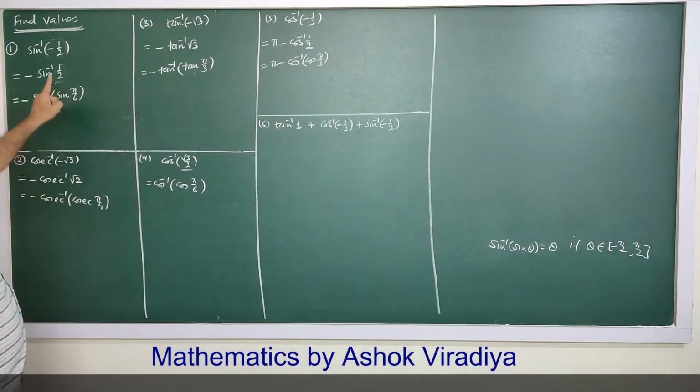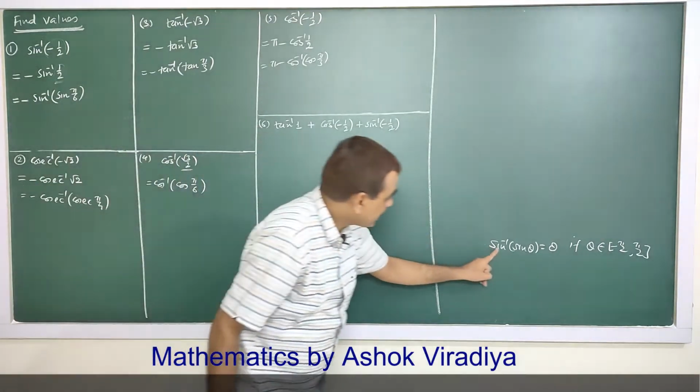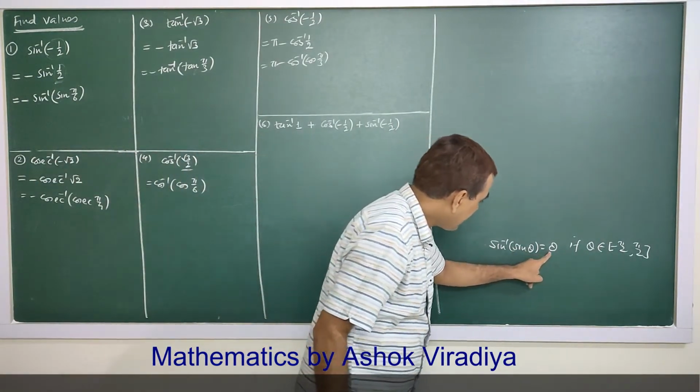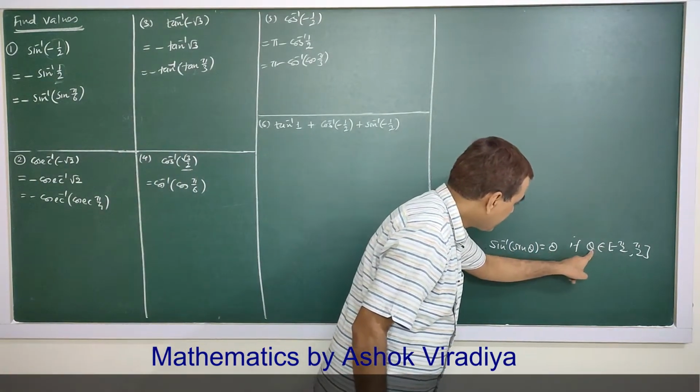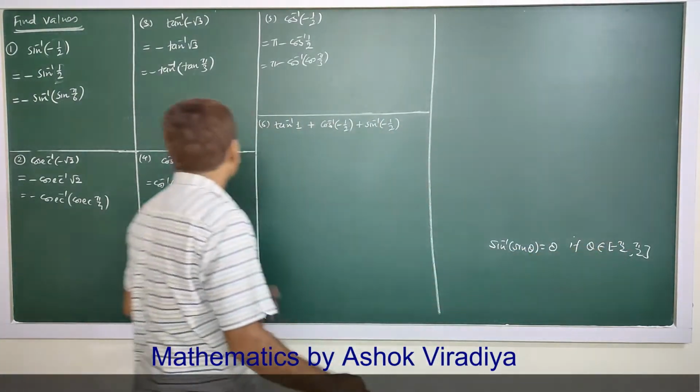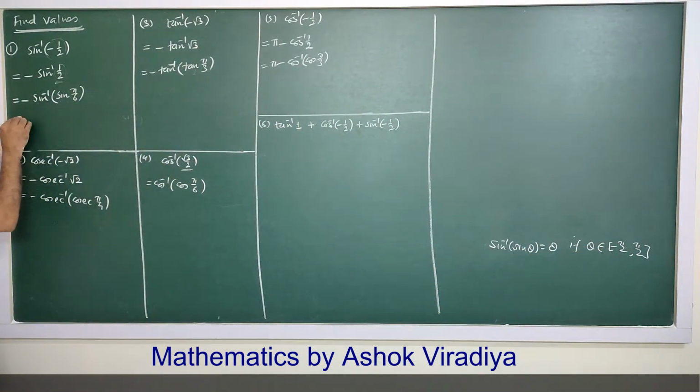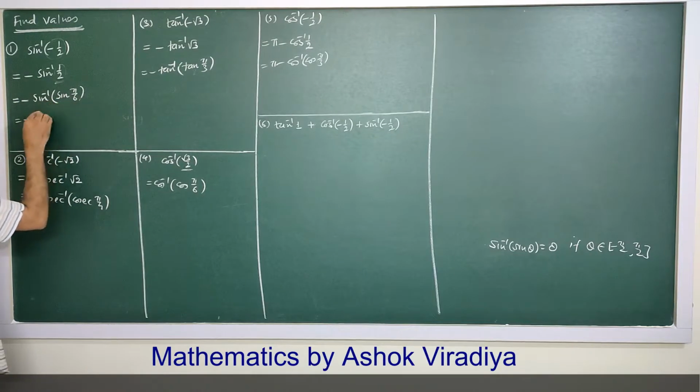And here it is pi by 6. So sine inverse sine pi by 6 is pi by 6, because pi by 6 belongs to this interval. So its value is minus as it is, and by rule pi by 6. This is equal to minus.